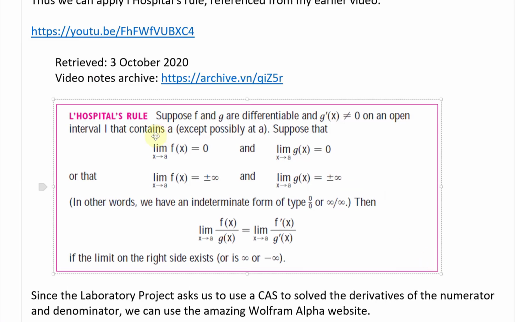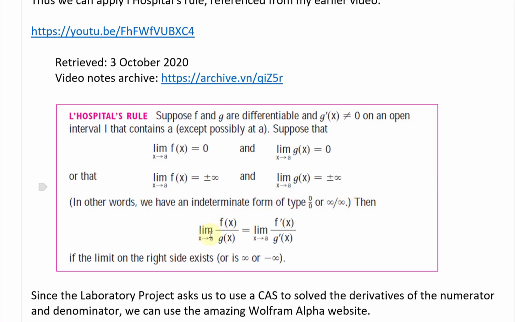L'Hopital's rule: suppose f and g are differentiable and g prime of x is not equal to 0 on an open interval I that contains a, except possibly at a, and suppose that the limit as x approaches a of f of x equals 0 and the limit of g of x equals 0, or that both limits go to plus or minus infinity. In other words, we have an indeterminate form of the type 0 over 0, or infinity over infinity.